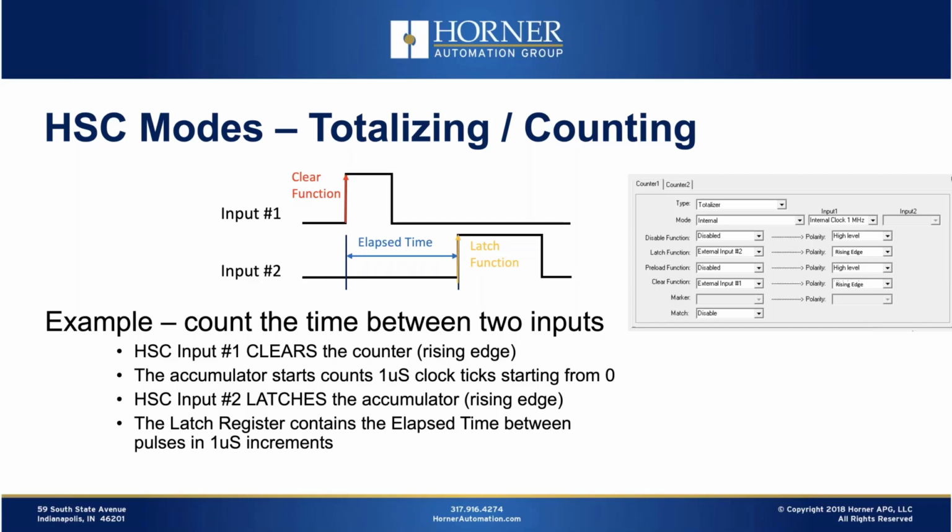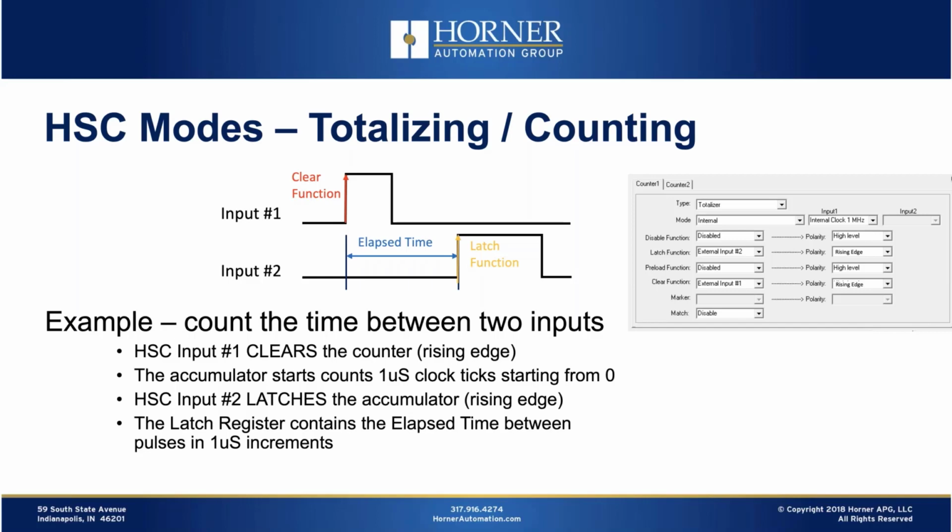So again, to review the configuration there, we start out by saying that our first real-world input, which is the first pulse, is going to clear the counter on its rising edge. Going back to the Cscape snapshot, we've configured the clear function for external input number 1 and as a rising edge type clear.